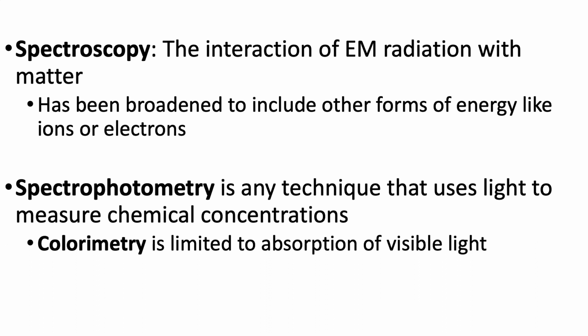So that's one kind of spectroscopy, which we'll call spectrophotometry. And sometimes you'll see the older term colorimetry, and this generally refers to just visible light and how much light is absorbed at different wavelengths in the visible.